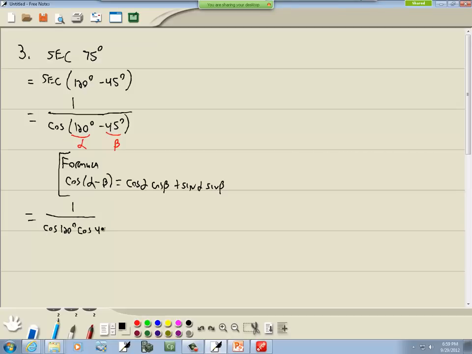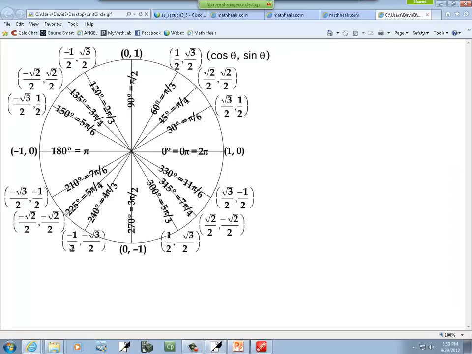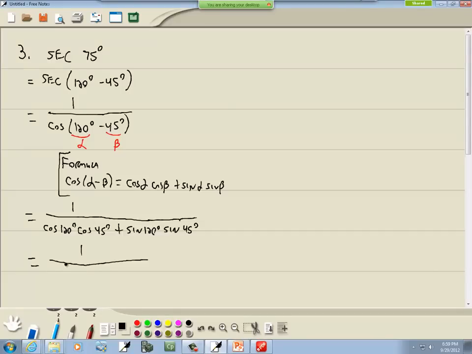cosine beta, which is 45 degrees, plus sine alpha, so sine of 120 degrees, times sine beta, which is sine of 45 degrees. Cosine of 120 degrees, cosine is our x part, which is negative 1/2.